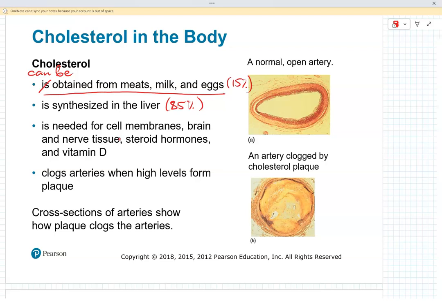So, myth number 1: if you're going to eat fewer eggs, your cholesterol is going to be low. No, it won't. Myth number 2: you're going to eat 2 eggs a day, you're going to die of a heart attack. No, you're not going to die of a heart attack. It's actually not going to affect the cholesterol levels in your body.